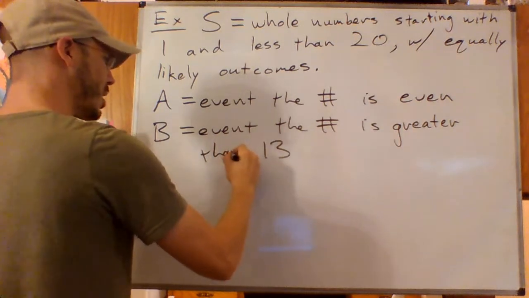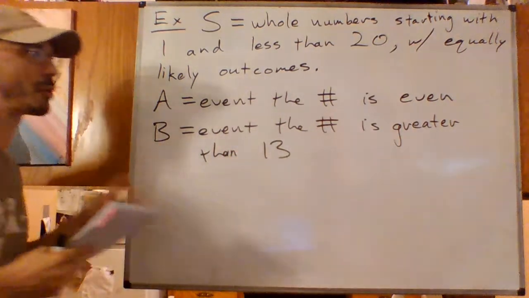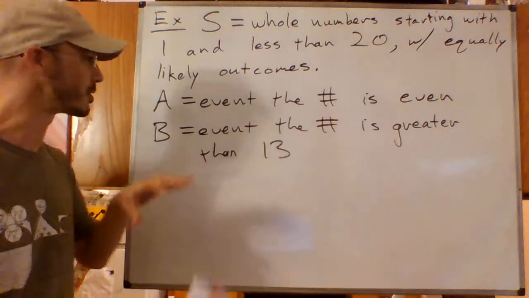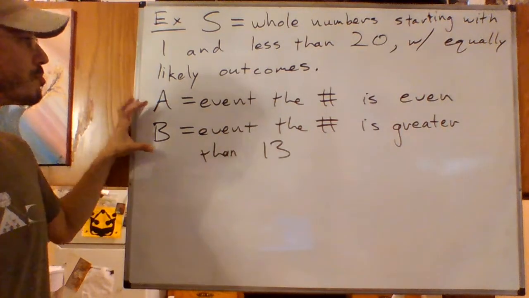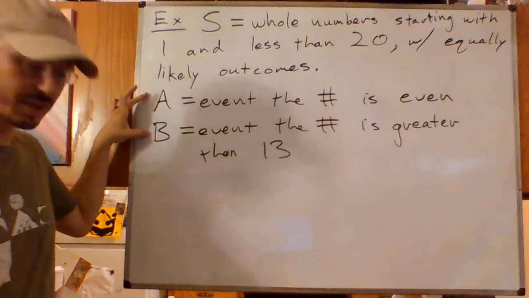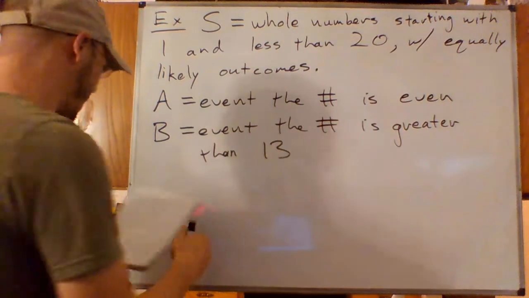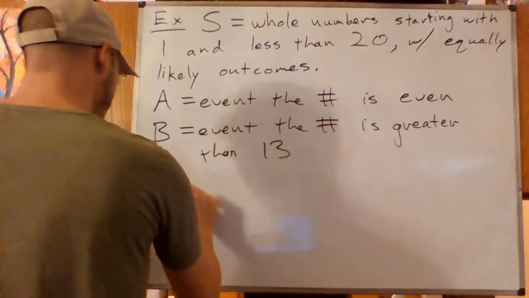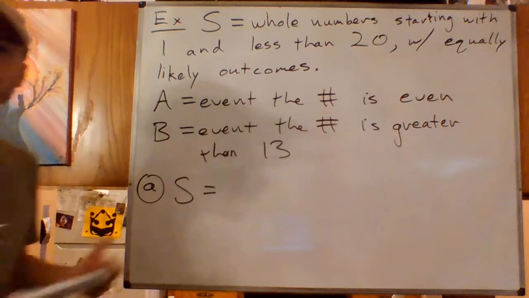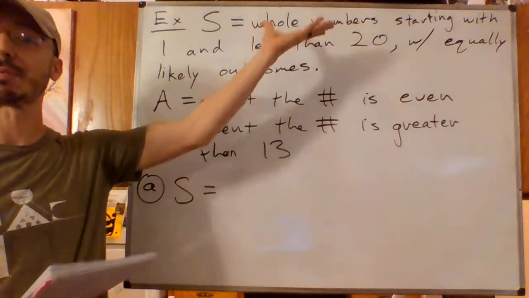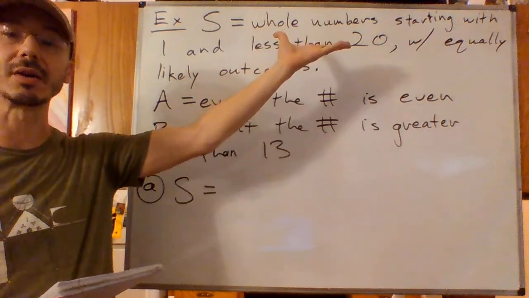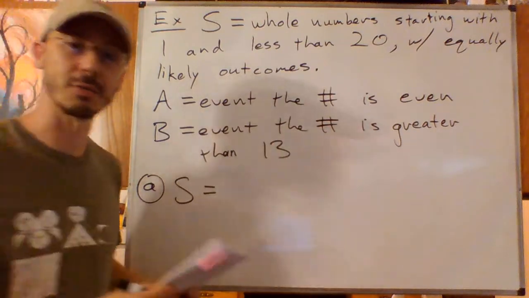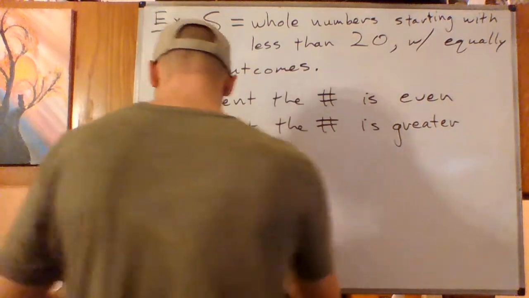So if you can, record that. I'm going to have to, I've got it here, I'll use the same thing, but we're going to have to come back to these events because the first question just asks about, so part A just wants to know what is the sample space. The sample space is described verbally right here. Now I want to list it or write it in set notation.